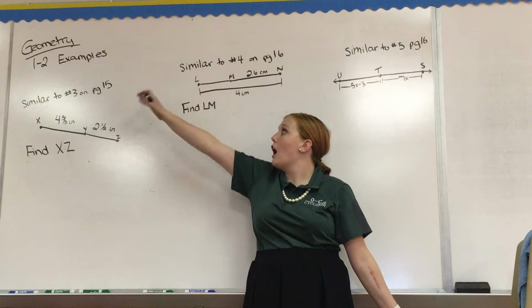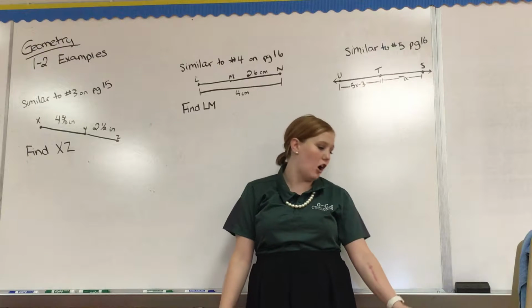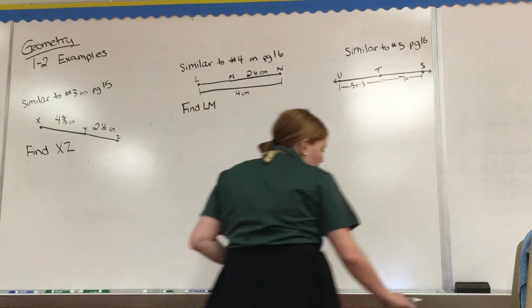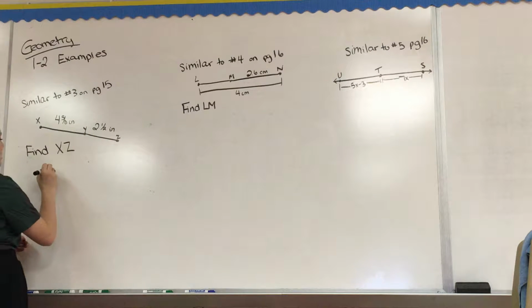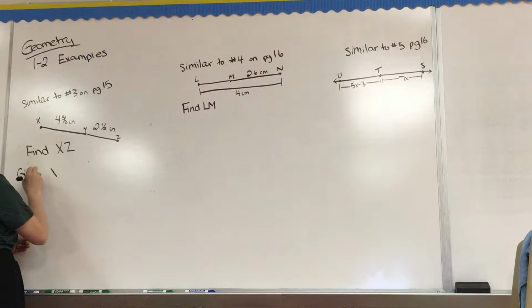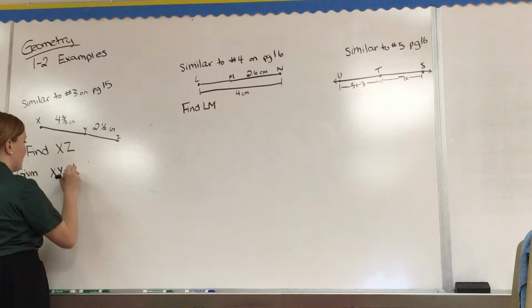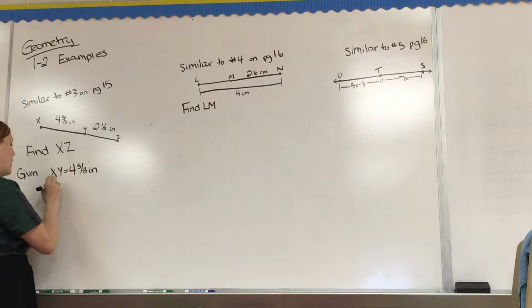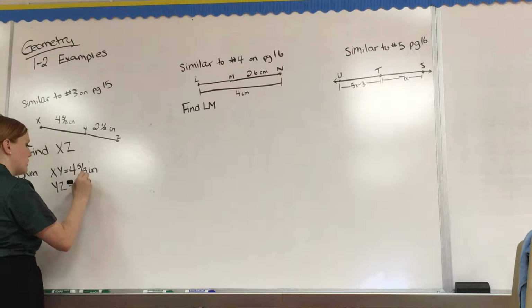This is on chapter 1, section 2. This is on linear measure, and we had talked about betweenness and stuff like that. So this first one, we are trying to find XZ. We are given XY, which is equal to 4 5/8 inches, and we are given YZ, which is equal to 2 1/2 inches.